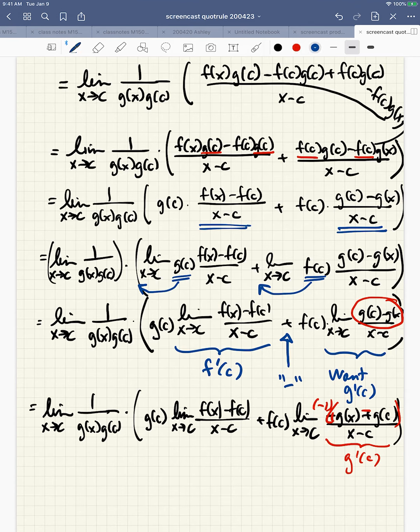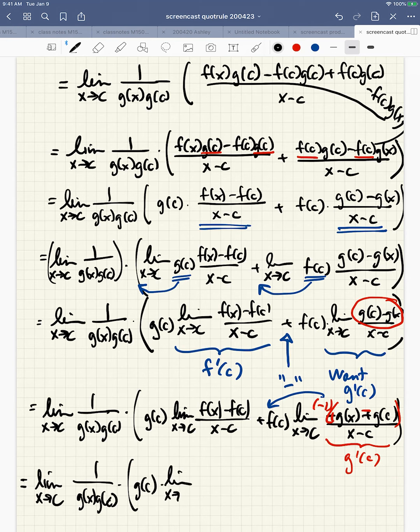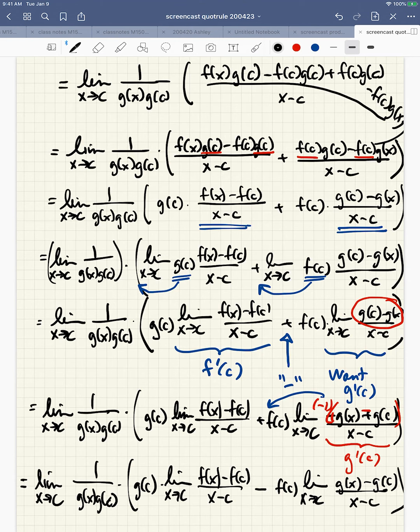And then that minus 1 we factored out, it'll come out in front of the limit using a limit law. And we're finally left with the limit as x goes to c of 1 over g of x g of c times this minus f of c times this. Okay, so we're almost there.